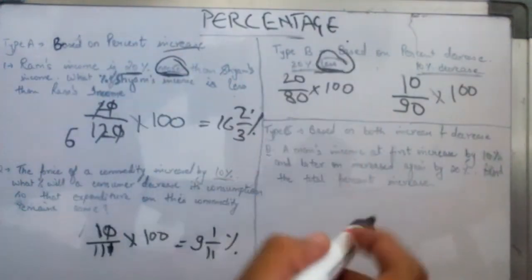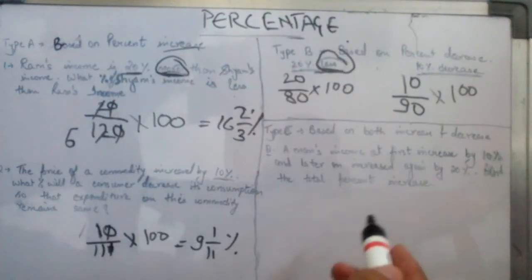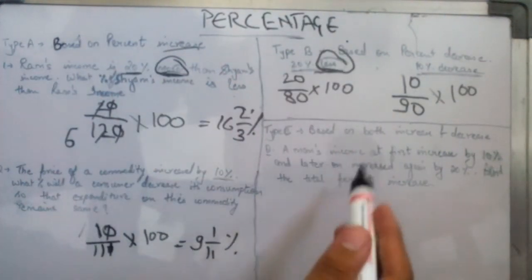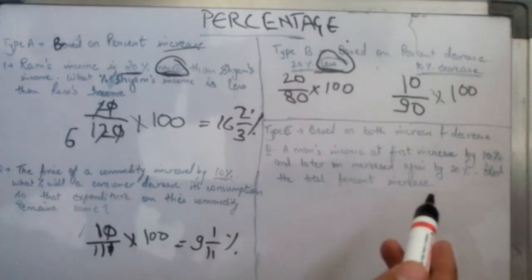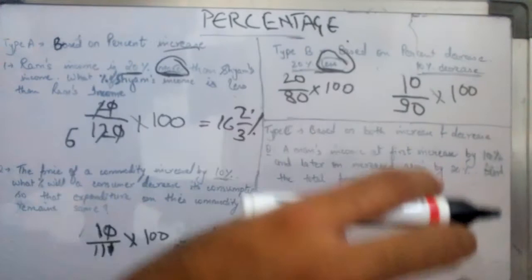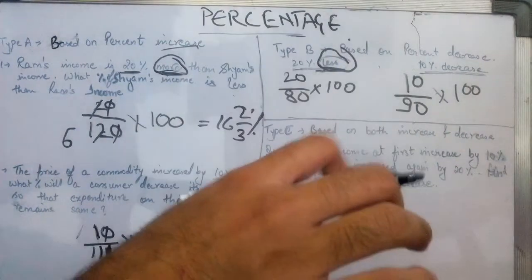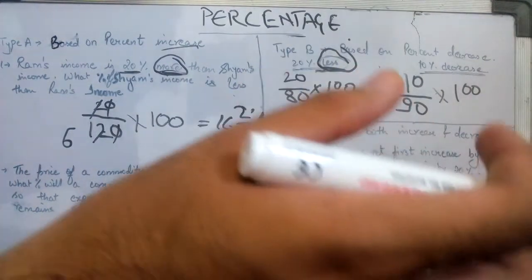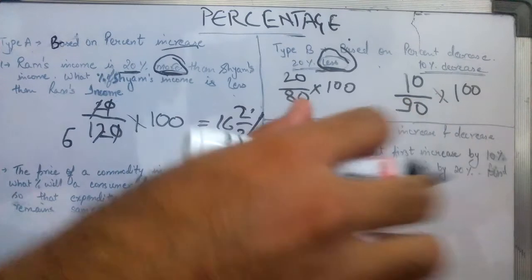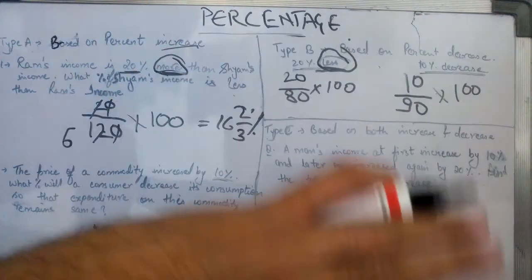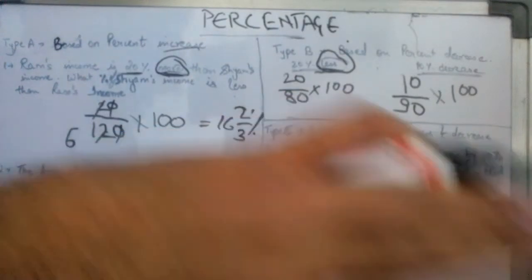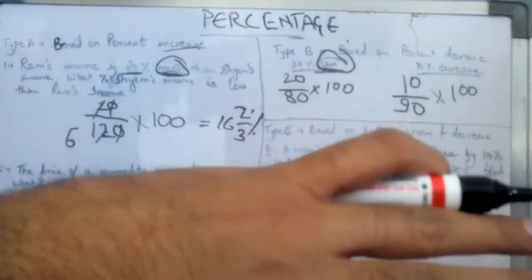Now talking about type C, based on both increase and decrease. The question on this is: a man's income at first increased by 10% and later on increased again by 20%. In the same question we can have both kinds of things, increase as well as decrease. There can be different kinds of questions, like increase by 10% and then decrease by 30%.